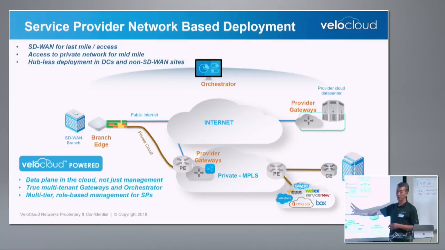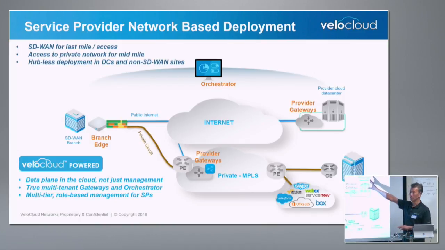The providers have come out with what they call a VeloCloud powered managed SD-WAN solution. The key to that is we have a multi-tenant solution. Typically when we hear about that in the cloud, it's management. The key is it's the data plane. So not just the management, but the actual data plane, in terms of the gateway, is multi-tenant, designed to be deployed in the cloud.